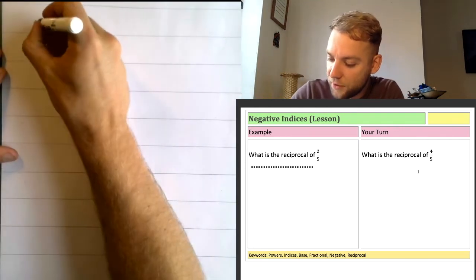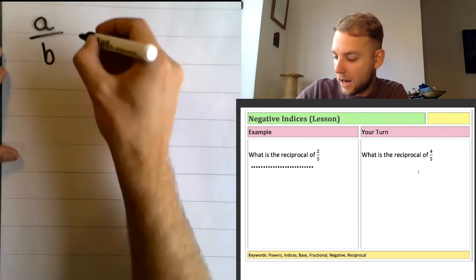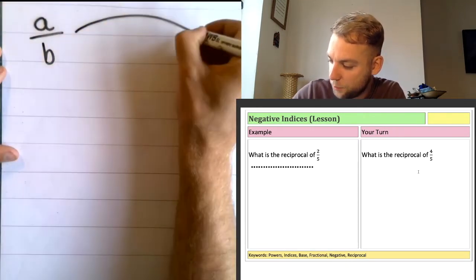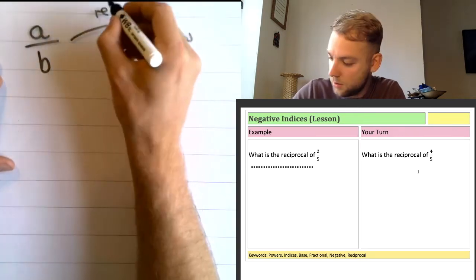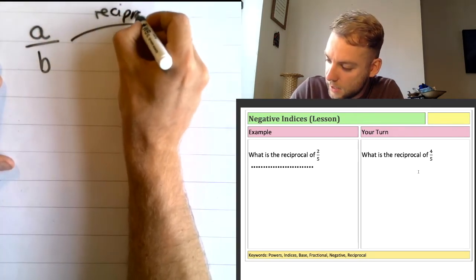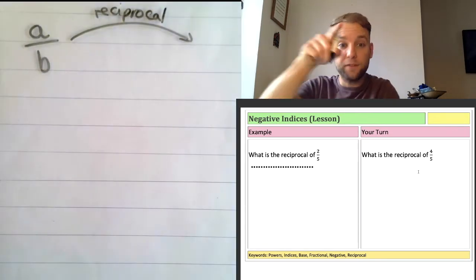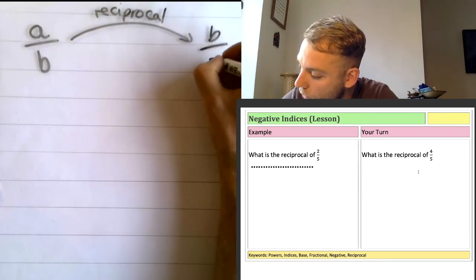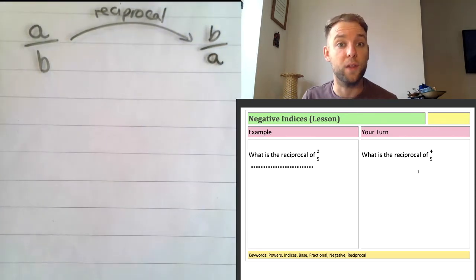So if I've got A over B, and I'm doing the reciprocal of that, get this down in your notes, this is the same as just flipping that fraction, so B over A. You've got to know that, okay?